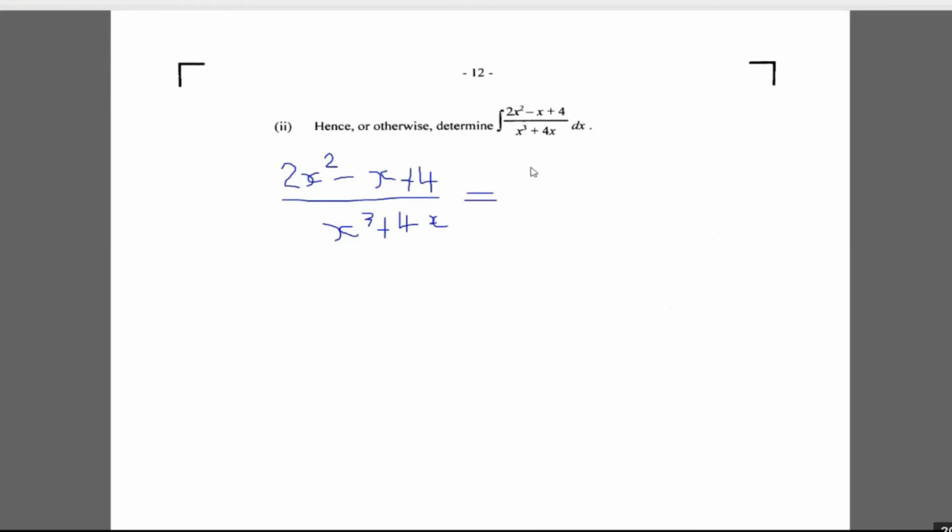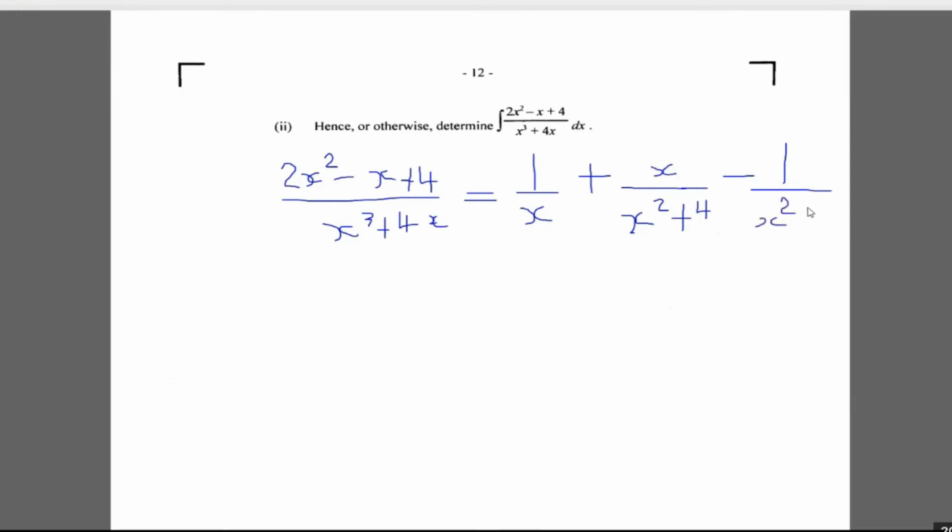So this, as we said, we found that it's equal to 1 over x plus x minus 1 over x squared plus 4.